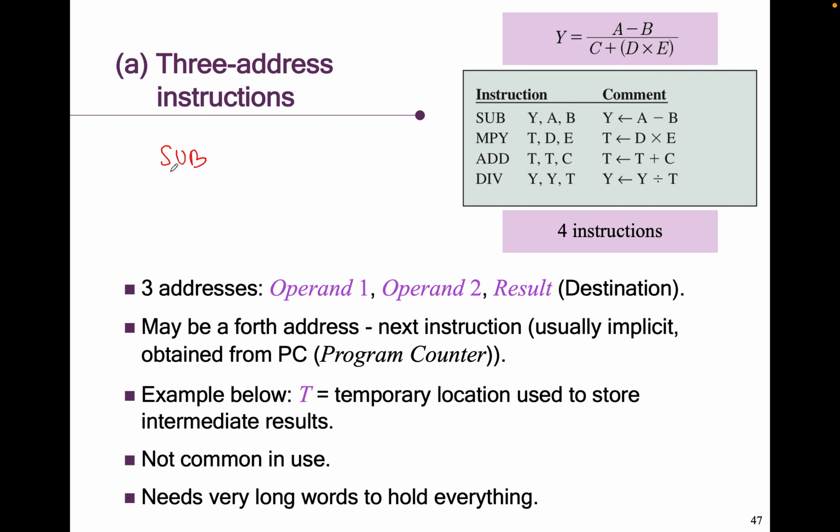SUB, which is subtraction, you have y as the destination, and then you have another 2 as the source. You can see these two are going to do the sub: A sub B, and then this answer will be stored in your destination y. That's why in your comment you can see y equals A minus B.